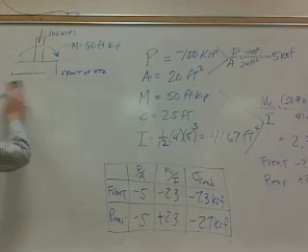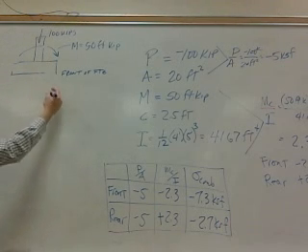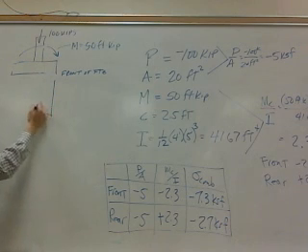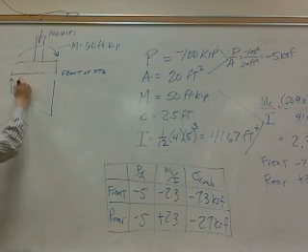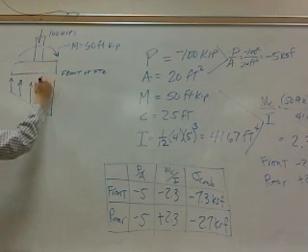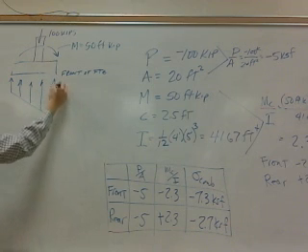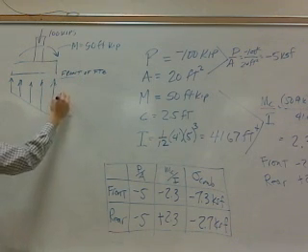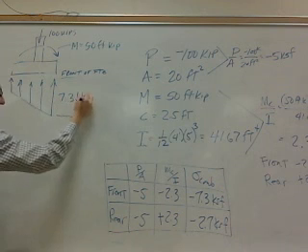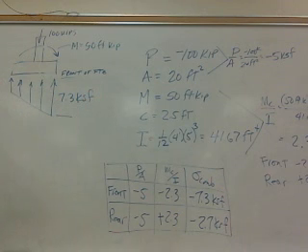So what this means is the pressure underneath my footing is all compression. It just happens that in the front part of the footing, it's 7.3 kips per square foot compression stress, and in the rear part of the footing, it's 2.7 kips per square foot.